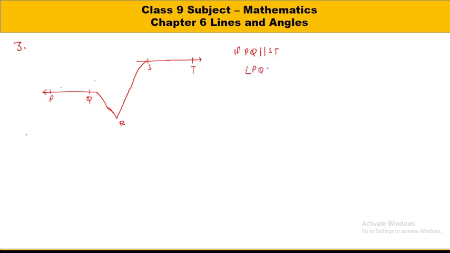Angle PQR is given as 110 degree. Angle RST is given as 130 degree. Then we need to find angle QRS. This angle we need to find.